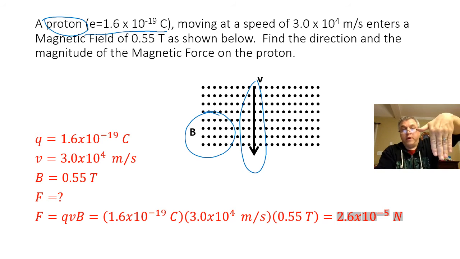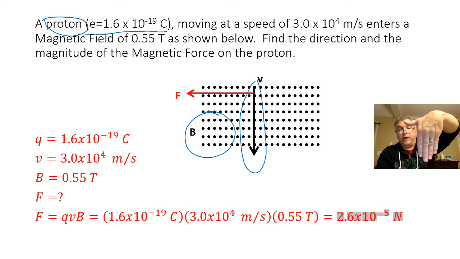My palm is facing towards my face, so that's the positive Z direction. My fingers are oriented downward, and my thumb is oriented to the left, or in the negative X direction. So my force is in the negative X direction.